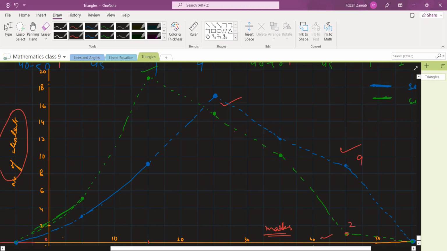Now between marks 30 and 40, in section A, 12 students are getting it, and in section B only 10 are getting it. Now 20 to 30, here 17 students are getting marks in this range, and here only 15. Now between 10 to 20, here 19 students are getting it, and here only 9.